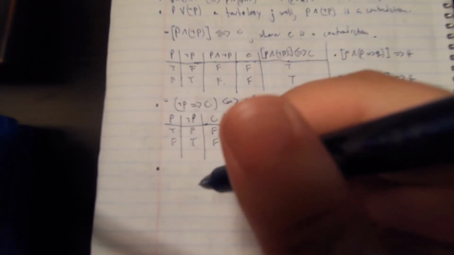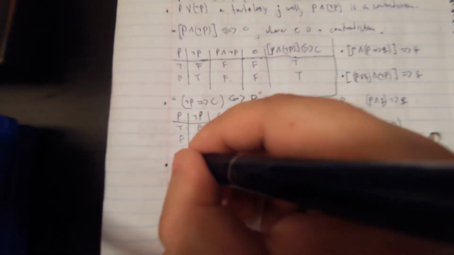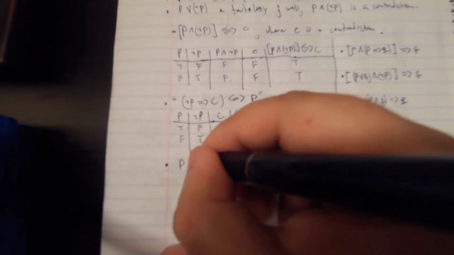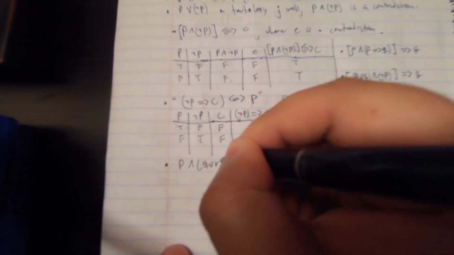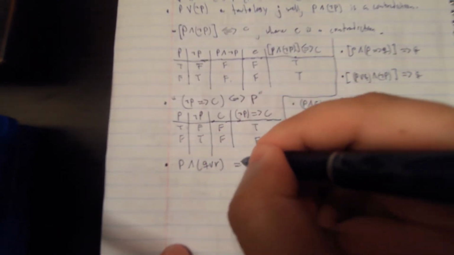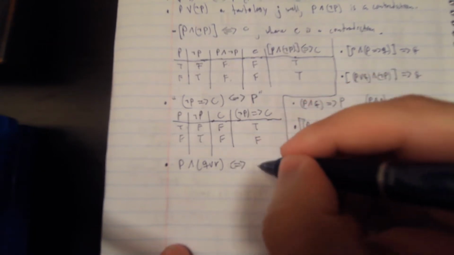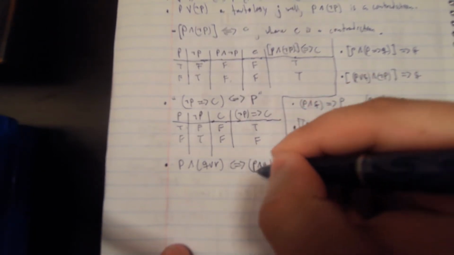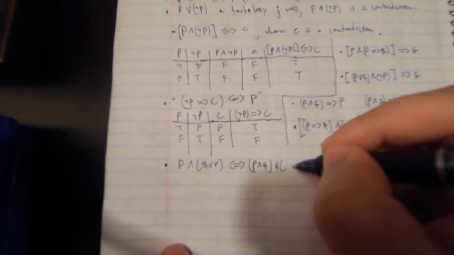Let me give you more tautologies, but these ones are kind of more complicated. Because of time, you can make up your own sentences for what P, Q, and R are going to be. So for example, I'm just going to drop this on you right now: the statement P and (Q or R) is equivalent to the statement (P and Q) or (P and R).